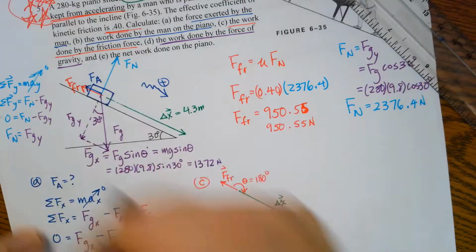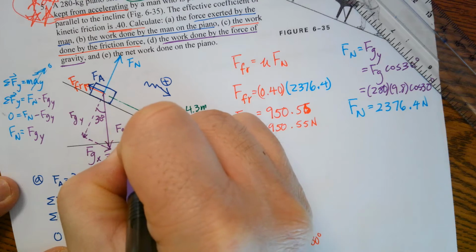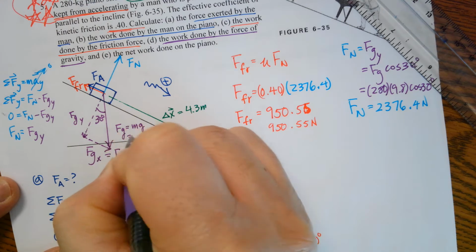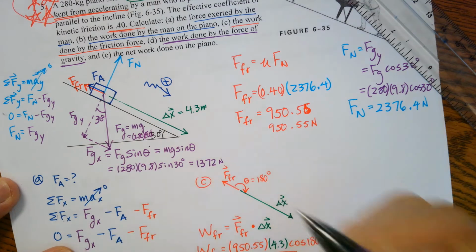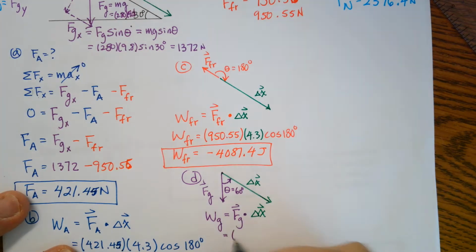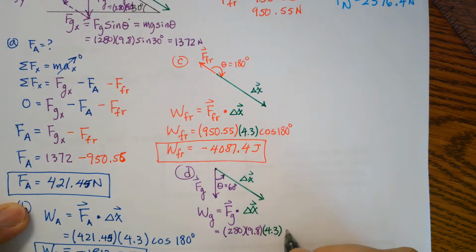So mass times acceleration due to gravity, that's 280 times 9.8 times delta x, which is 4.3, times cosine of 60 degrees.